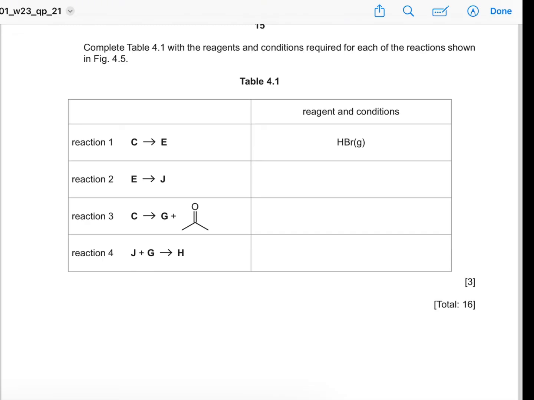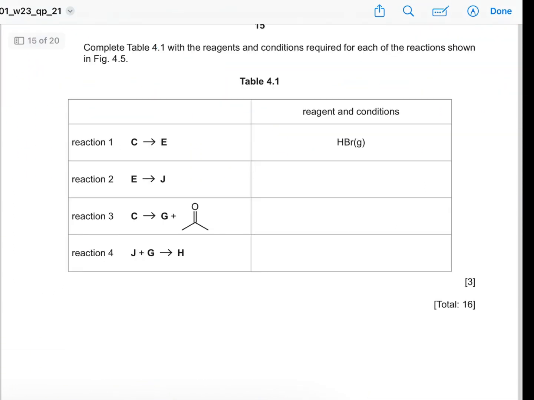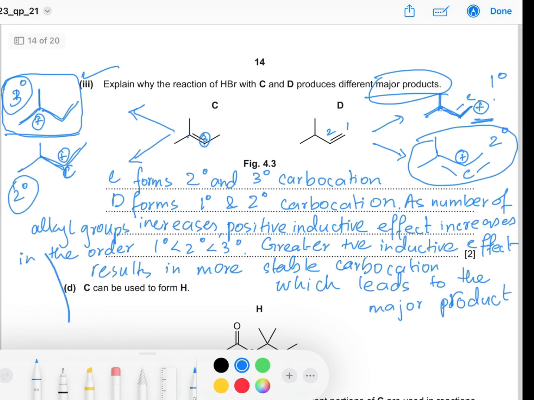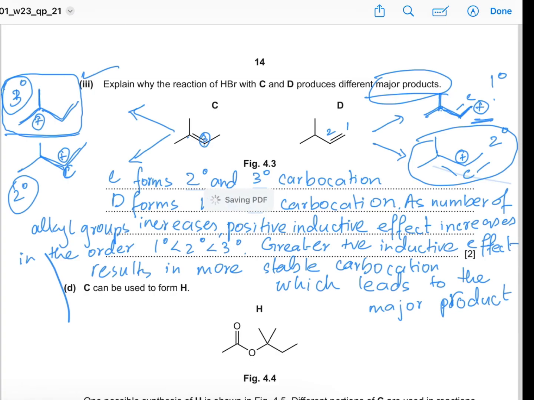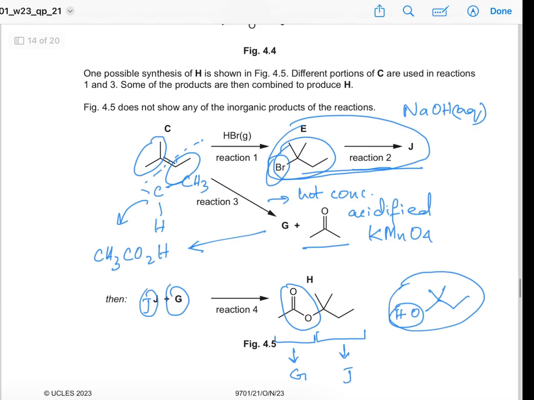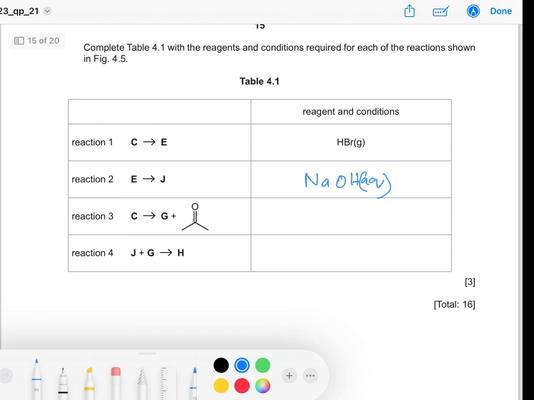And you're supposed to complete table 4.1 with the reagents and conditions for each of the reactions. In reaction 2, you go from E to J, which was a bromoalkane to an alcohol. You would need aqueous sodium hydroxide. In reaction 3, you go from C to G and a ketone. So reaction 3 will use hot concentrated acidified potassium manganate.